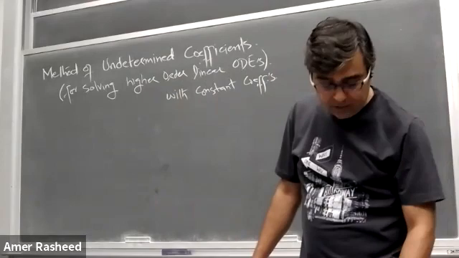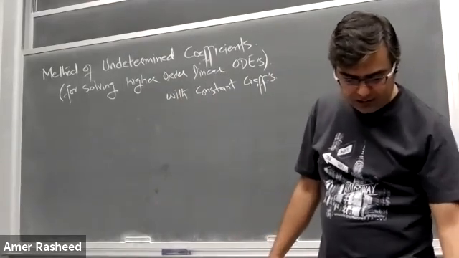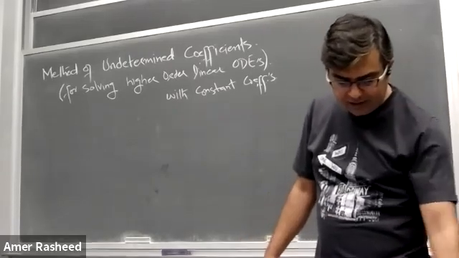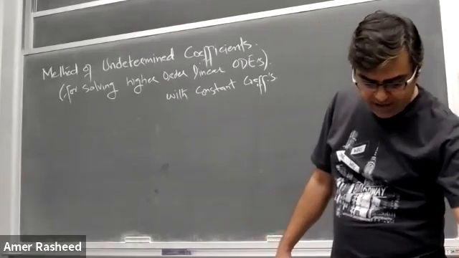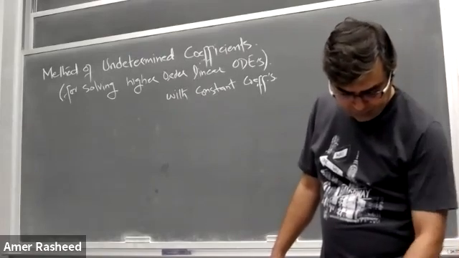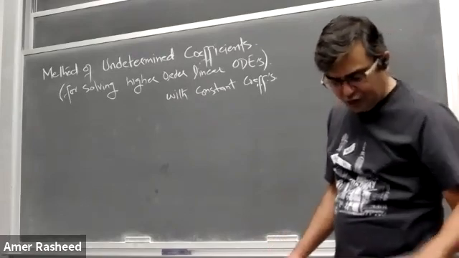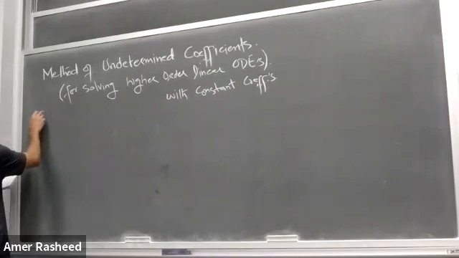It depends on whether the right-hand side is a polynomial function, an exponential function, or a trigonometric function, meaning sine or cos. By looking at the right-hand side function, we assume the particular solution, and then we find the general solution.